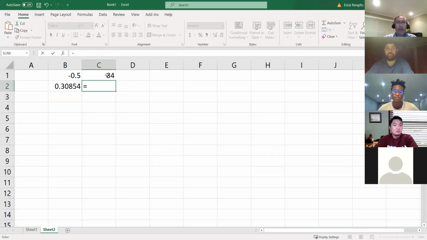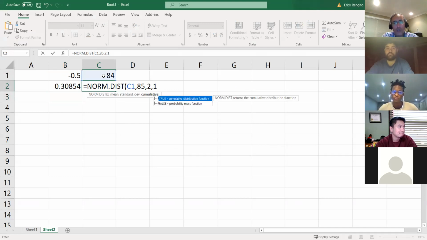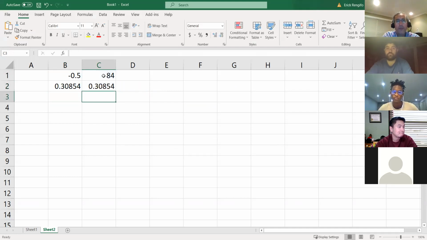I will use my NORM.DIST, this one here. Then I enter this number, but I need to be careful about my mean. My mean is going to be 85, correct? My standard deviation is going to be 2, and this one is going to be 1. Here we go.